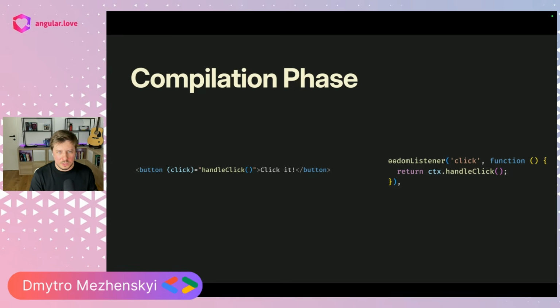But anyway, there is such a function, and it will be invoked at the point when the component template is being initialized. So when the component is created, the template function is executed, and this DOM listener function will be invoked. Now let's follow the call stack and see what happens inside.